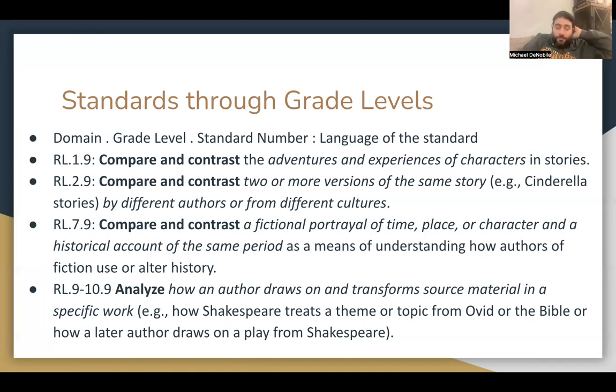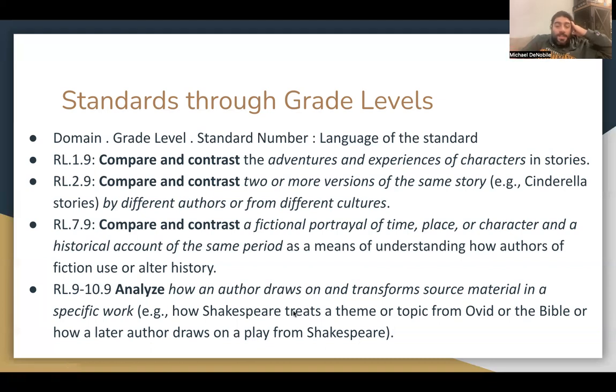grade levels. You will notice here that standard 9 each year is about compare and contrast. Now, the 9th, 10th grade, you don't see the word compare and contrast, but I'm just going to skip here for a second just so that you see. Analyze how an author draws on and transforms source material in a specific work, like how Shakespeare treats a theme or topic from Ovid or the Bible, or how a later author draws on a play from Shakespeare.